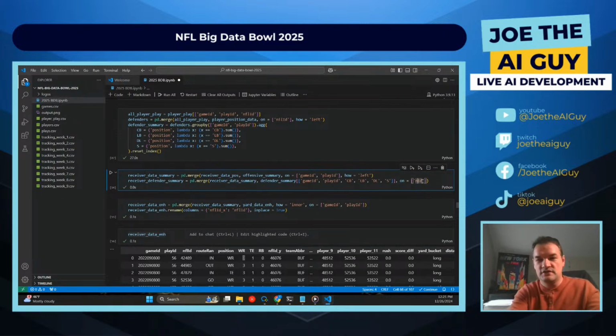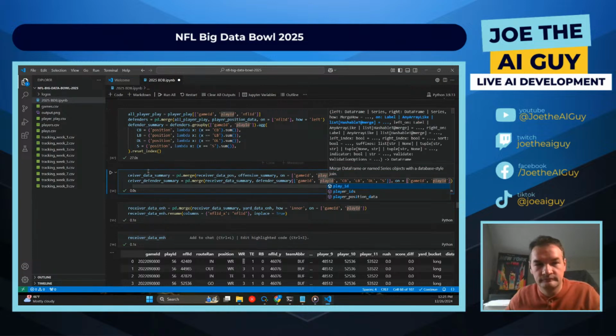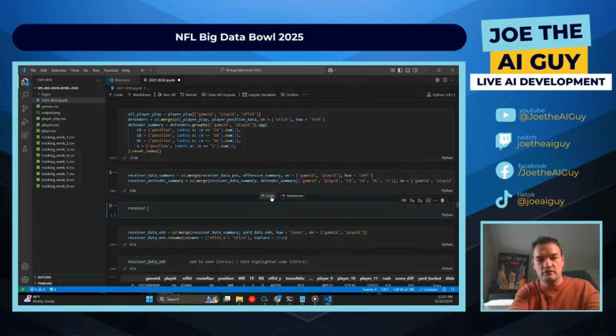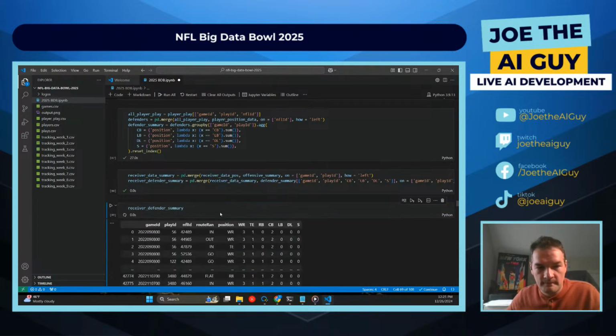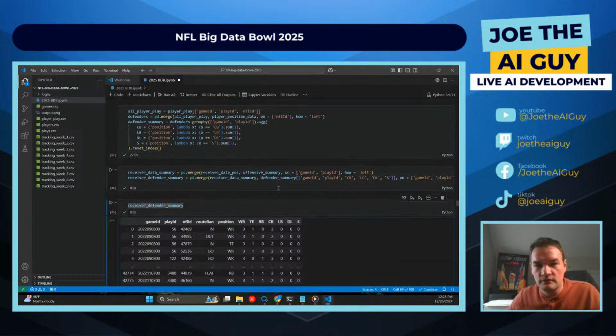And then this should be the same. Game ID and play ID. That ran quickly. Let's just look at the data set, make sure it's coming through the way that we want it to. Interesting.